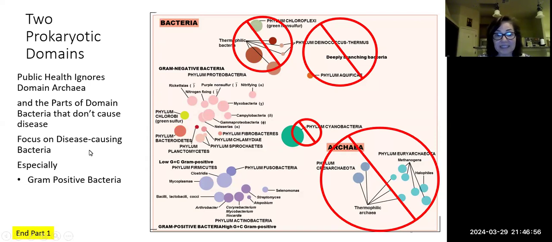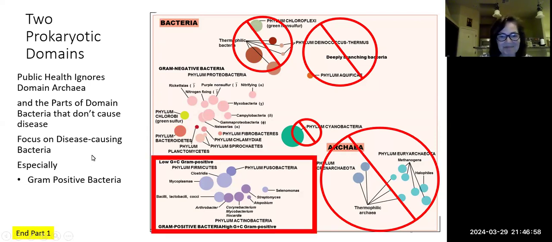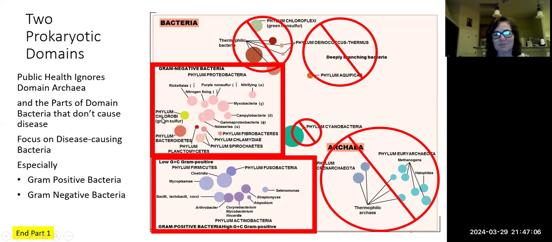So especially the gram-positive bacteria, that's these over here, and the gram-negative bacteria, this big old group over here. Although gram-positive and gram-negative are named because originally it was based on what color it turns in lab, it turns out those separations were real genetic separations. These groups tell you something about their evolutionary history.